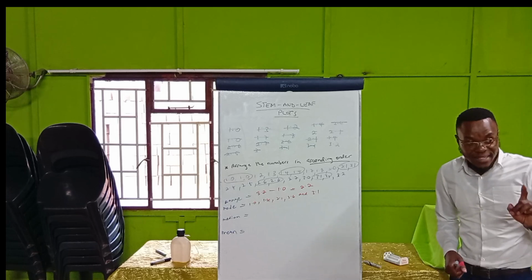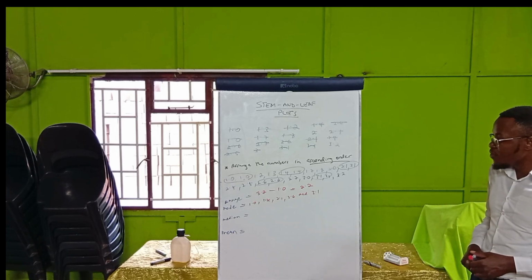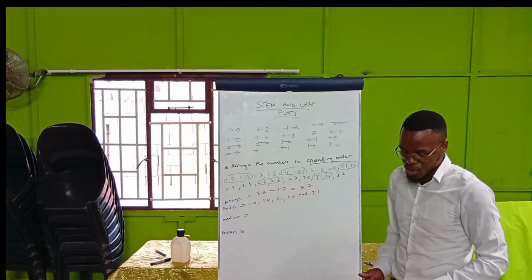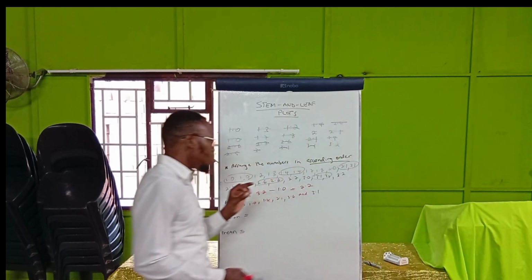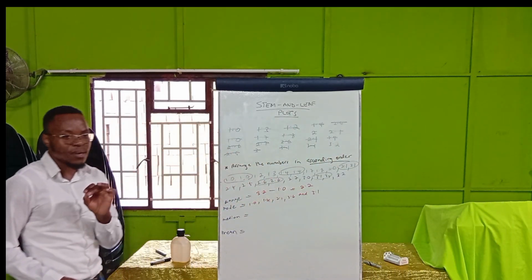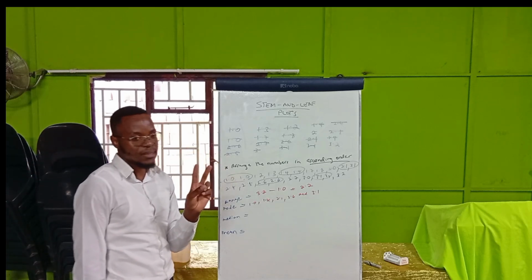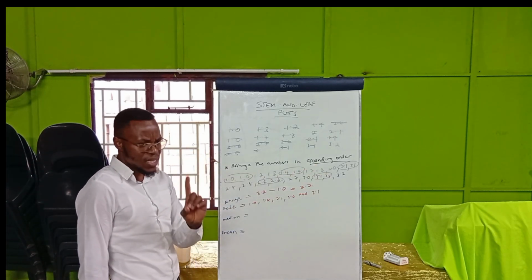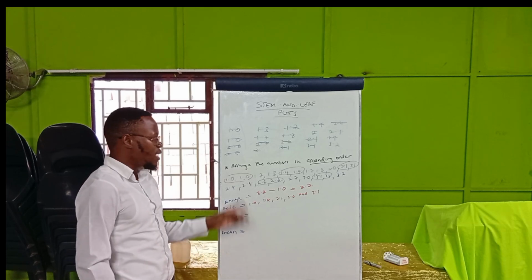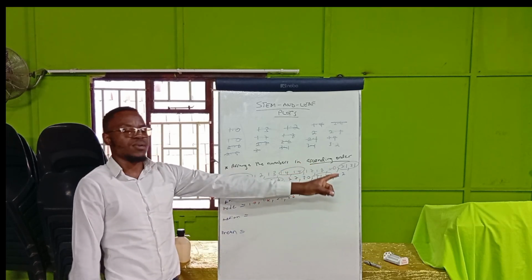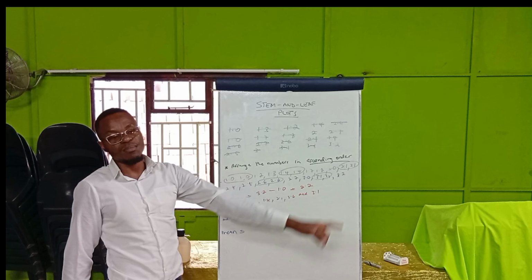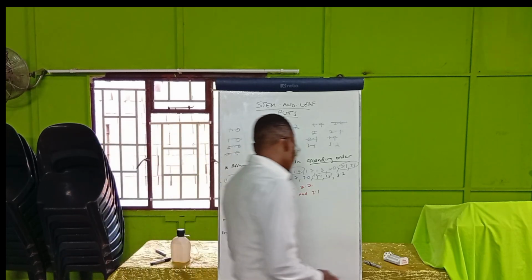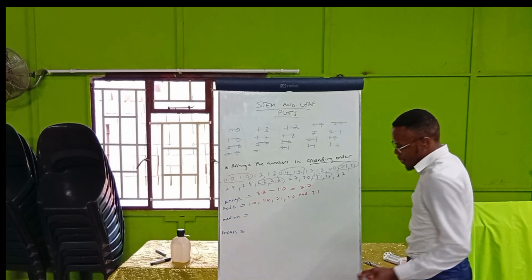Now to find the median, there's a tip that I did show. You first count how many numbers we have in total. Once the total is an even number, we take two numbers in the middle, but once it gives you an odd number, it is a single middle value. Here we have 20. 20 is what type of number?